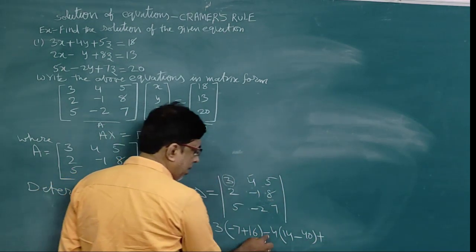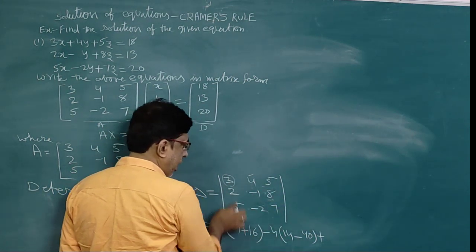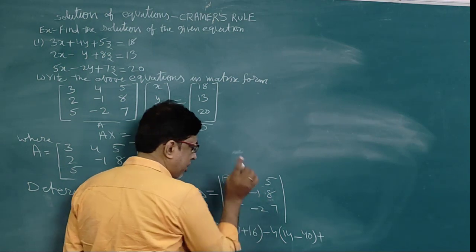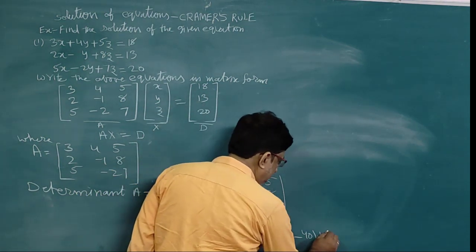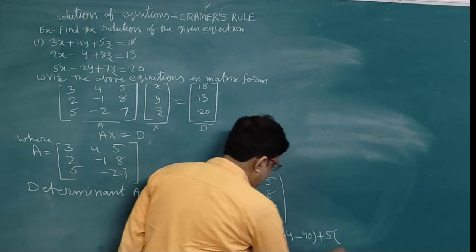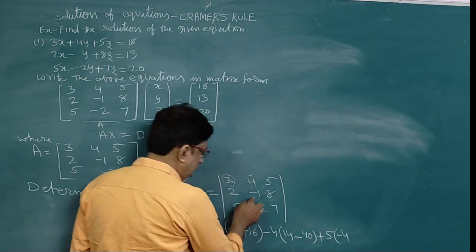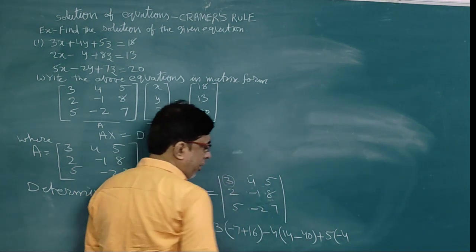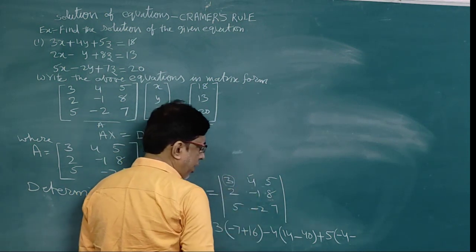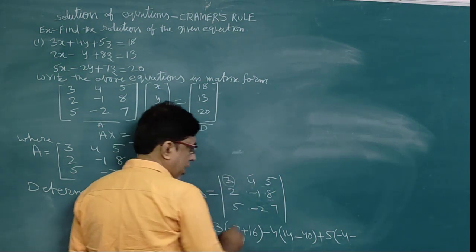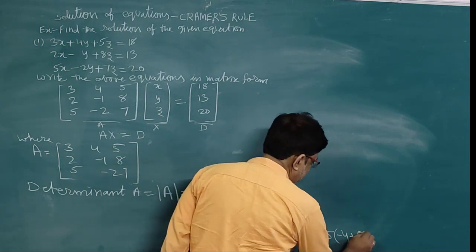First plus, then minus, then plus. So for 5: 2, minus 1, 5, 2. 2 times 2 is 4, minus 1 times 5 is 5, so 4 plus 5.